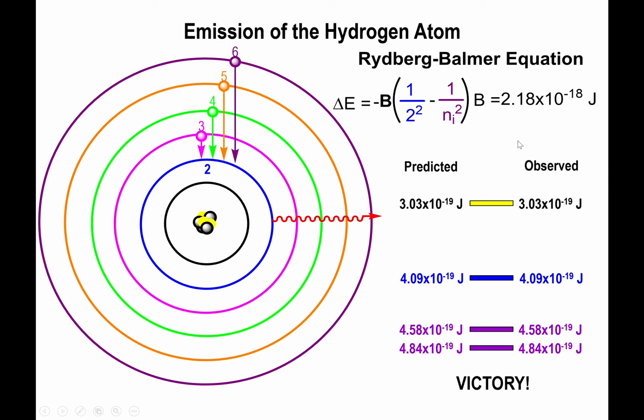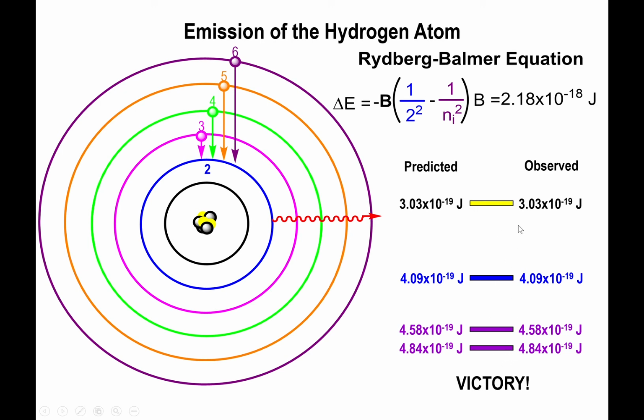Now, the amazing thing about this is that the model is rather simplistic, and yet when you look at the emitted light of hydrogen, you have a direct match, like it's right on point. And this was basically a mark of victory for the quantum mechanical model, because we went from not being able to explain why putting so much energy into the atom, a continuous amount of energy, only produces these amounts of energy and nothing else.